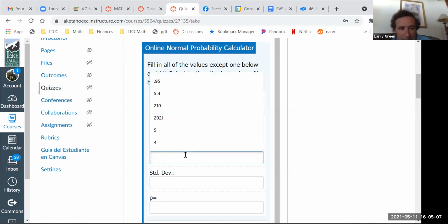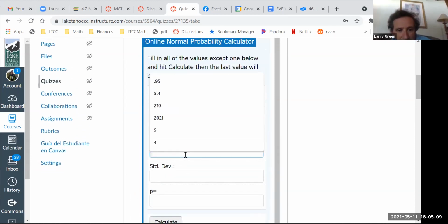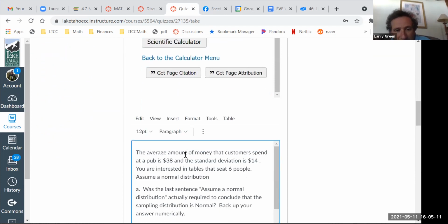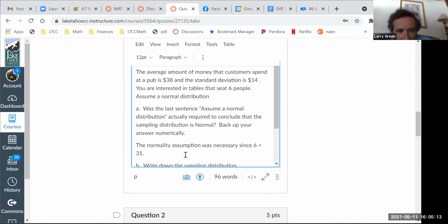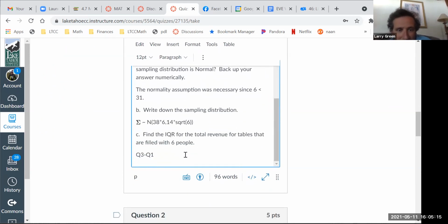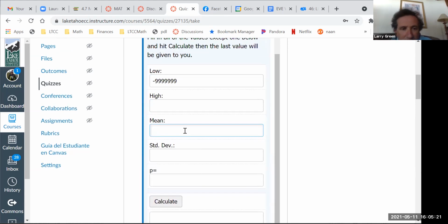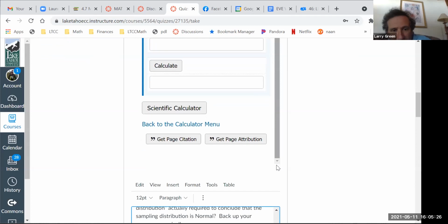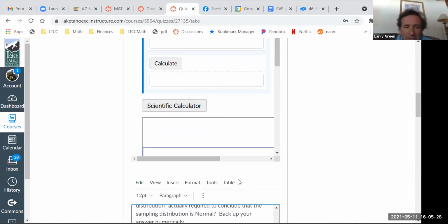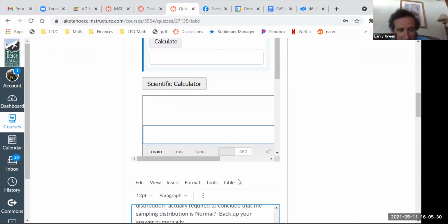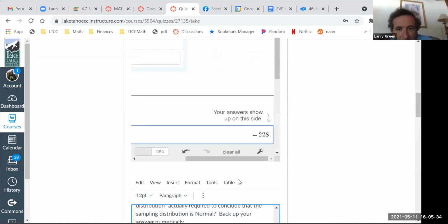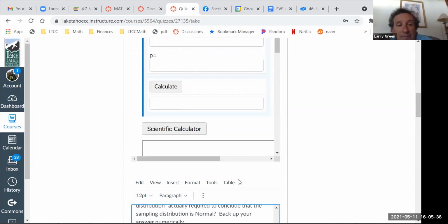The mean, and if you remember, the mean was, let's put it in there. The mean is 38 times 6. So what I'll need is my scientific calculator, if you don't have it. So 38 times 6, and it gives you 228.